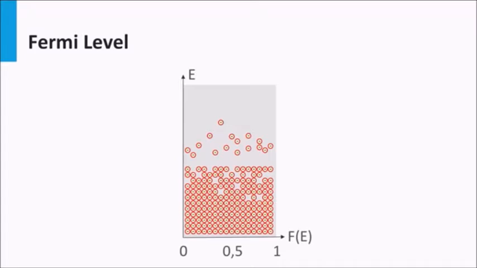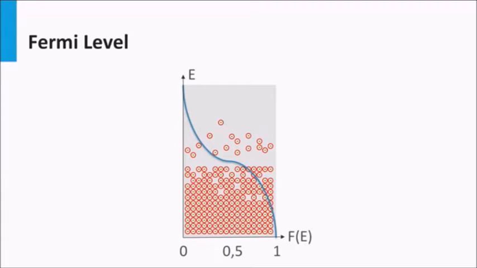This band is not fully filled by electrons. The probability to find an electron is not the same at all energy levels. At low energy levels, you will have a probability of 100% that electrons fill this level, while at high levels, this probability is close to 0.